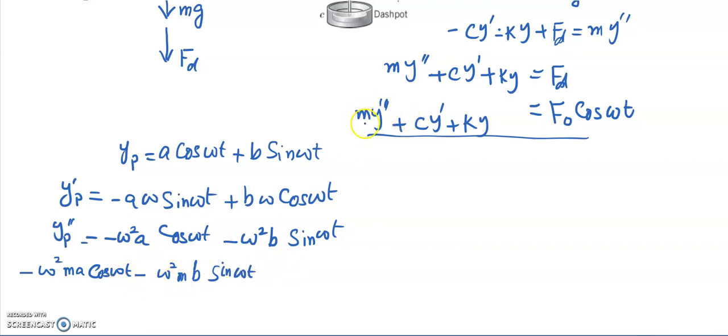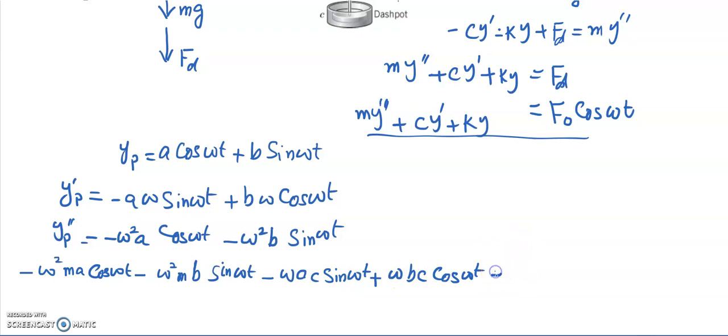This m is multiplied by y double prime, and for y prime it will be multiplied by c, so it will be minus omega a c sine omega t minus omega b c cosine omega t. Then for yp it will be multiplied by k, so minus minus plus.